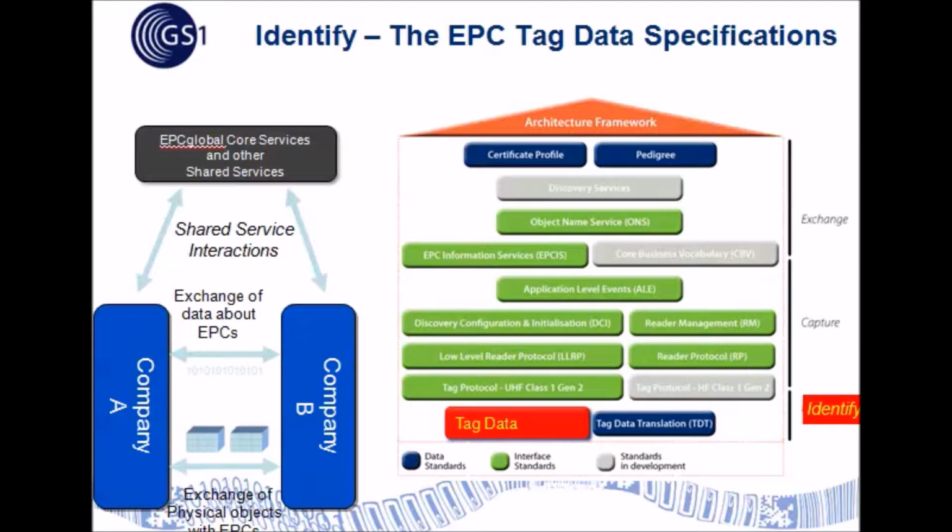The first element of the EPCglobal Network Architecture Framework is Tag Data. It is a data standard for the identity. The EPC Tag Data specifications define the overall structure of the Electronic Product Code (EPC).